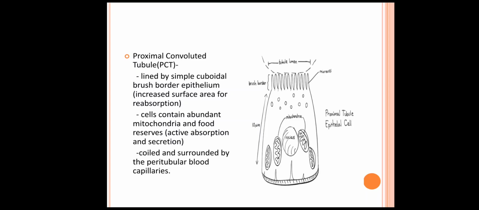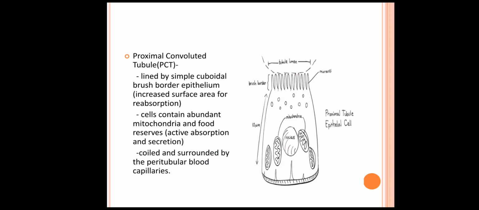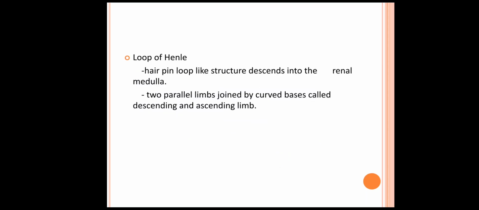This proximal area, Henle loop and distal area is surrounded by a network of capillaries which is called peritubular blood capillaries. These peritubular blood capillaries are a part of the efferent arteriole. We will discuss this later on in this slide.